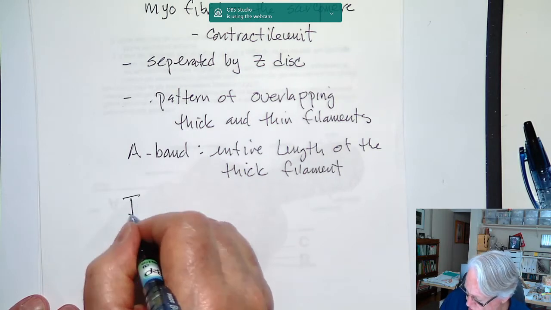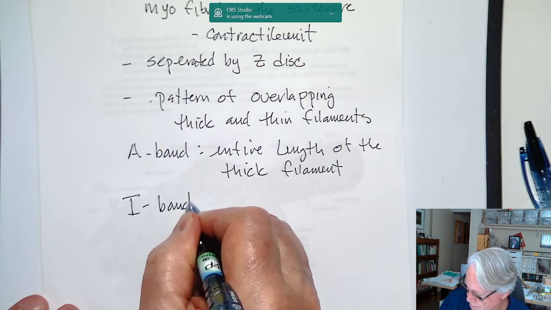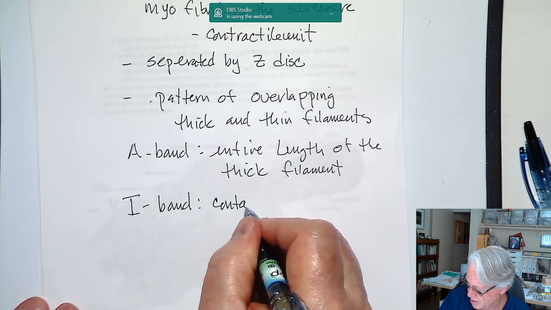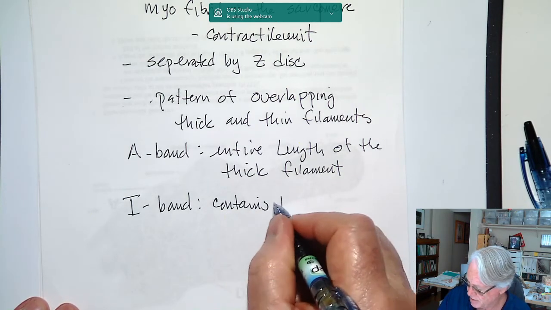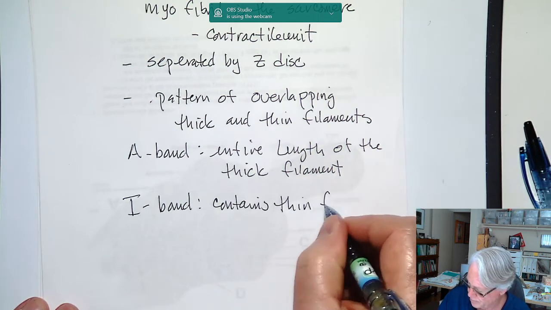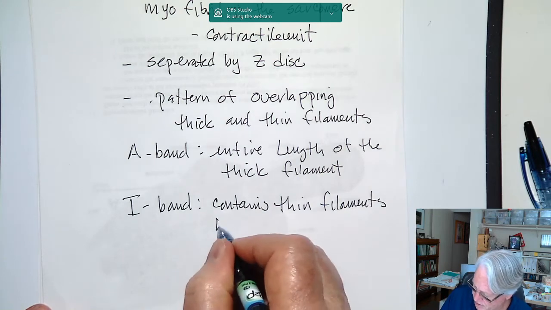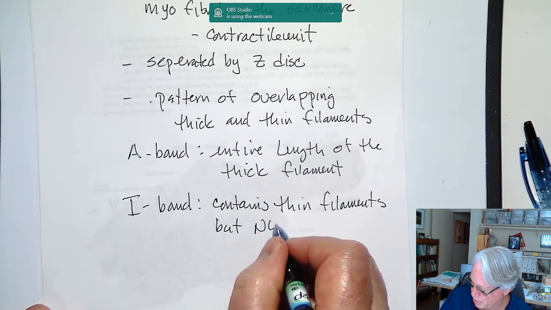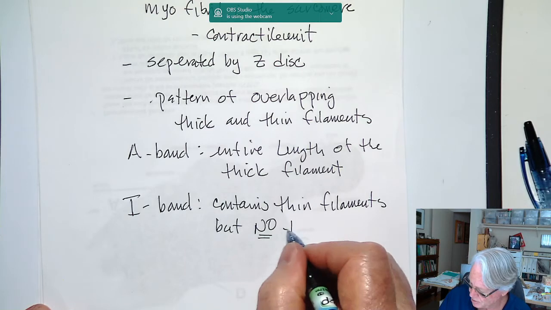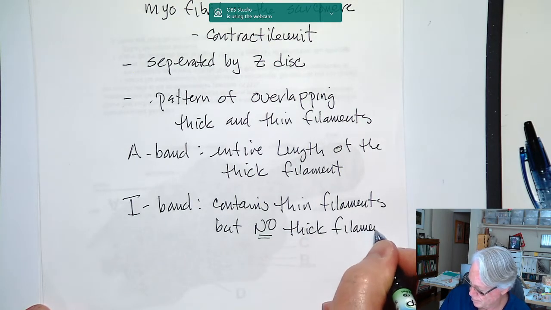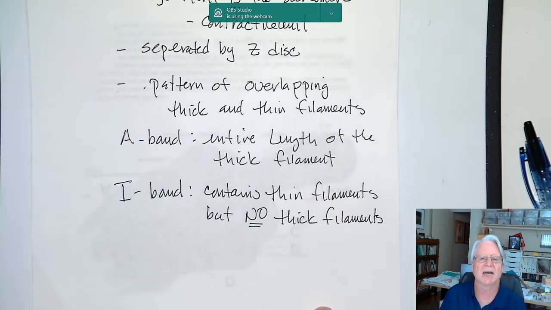The I band contains thin filaments but no thick filaments.